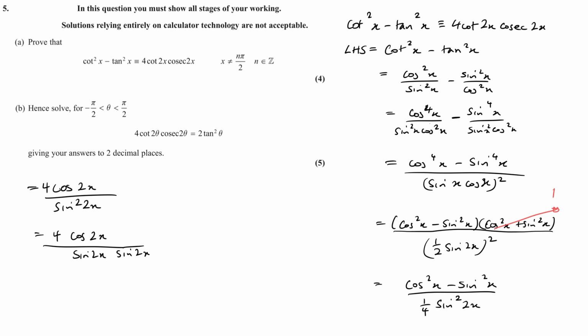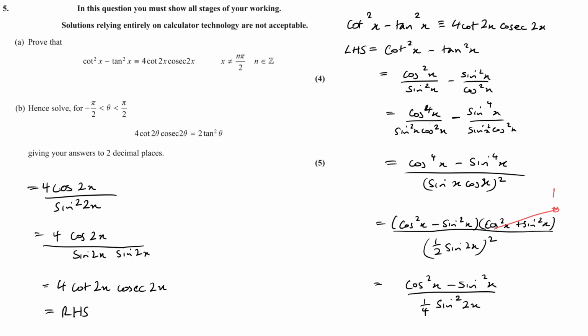So cos over sine gives me the cot, and 1 over the sine gives me the cosec. So here now we have 4 cot 2x cosec 2x, and that equals the right hand side.